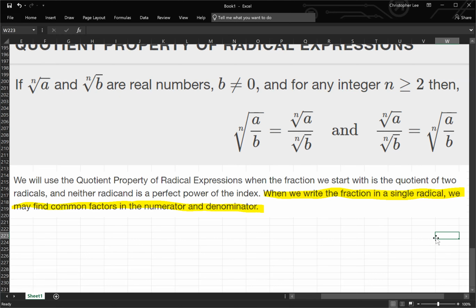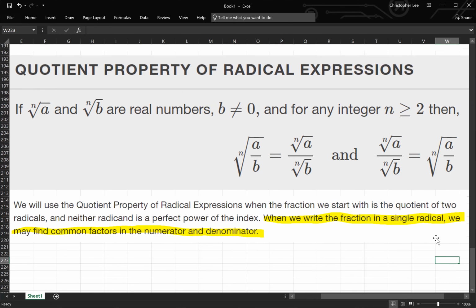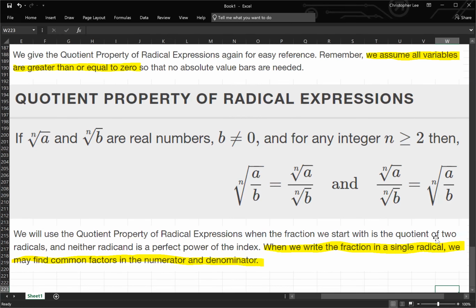All right, so look, we will use the quotient property of radical expressions when the fraction we start with is the quotient of 2 radicals, and neither radicand is a perfect power of the index. So when we write the fraction in a single radical, we may find common factors in the numerator and the denominator.